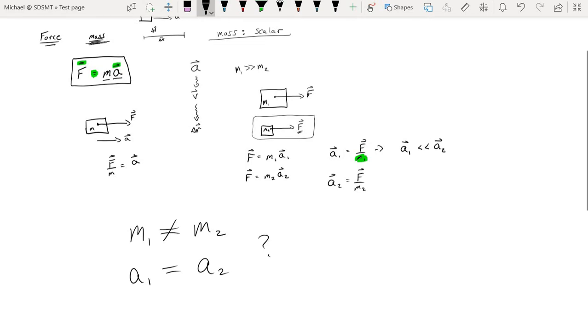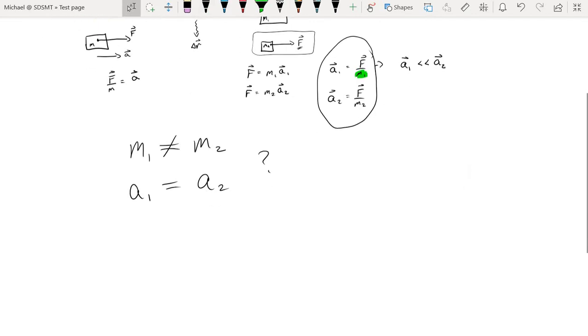Well, in that case, let's take what we have for our acceleration expressions. If A1 is equal to F over M1 and A2 is equal to F over M2, we already know that M1 and M2 are not equal to each other.